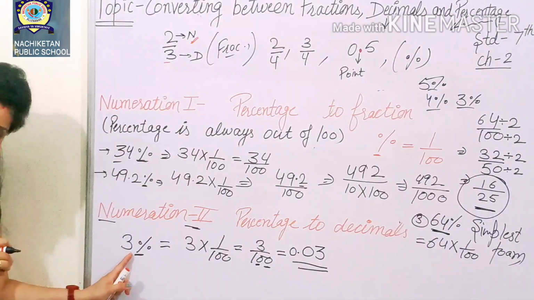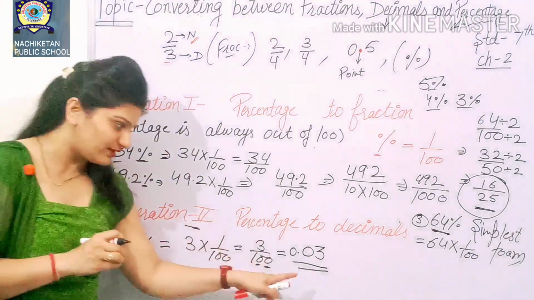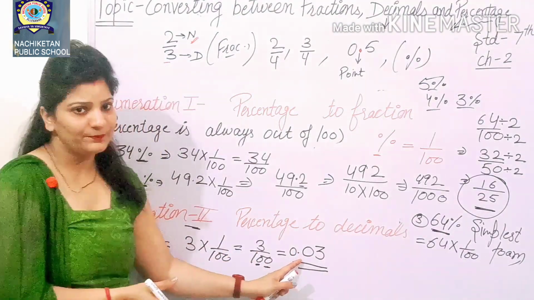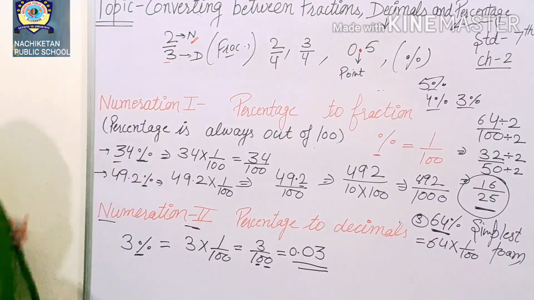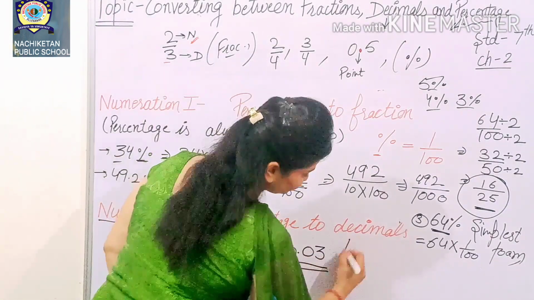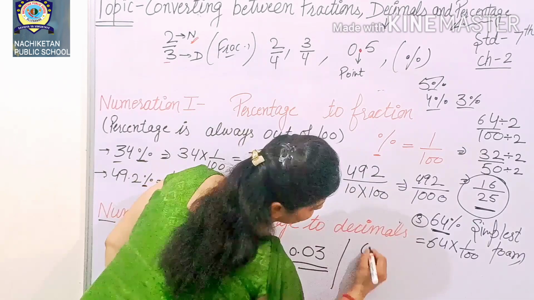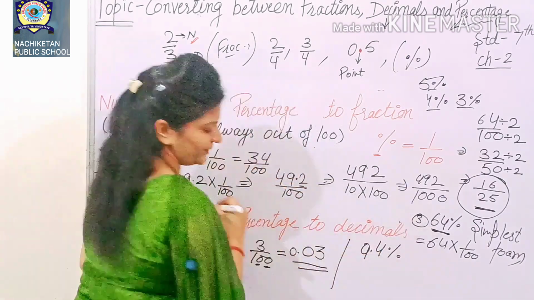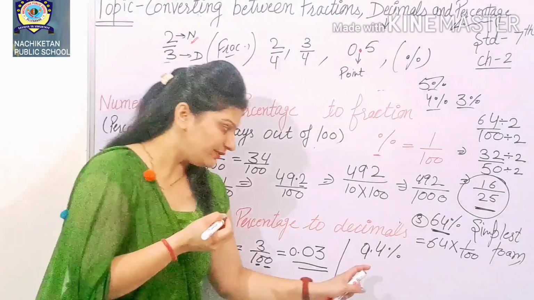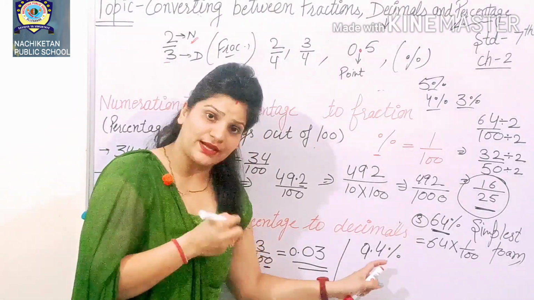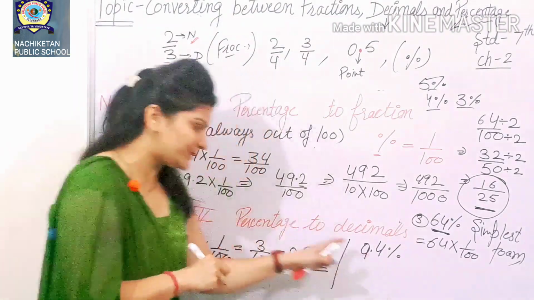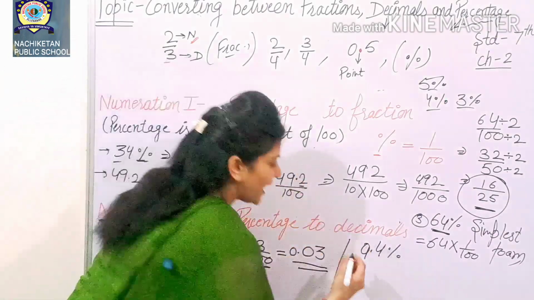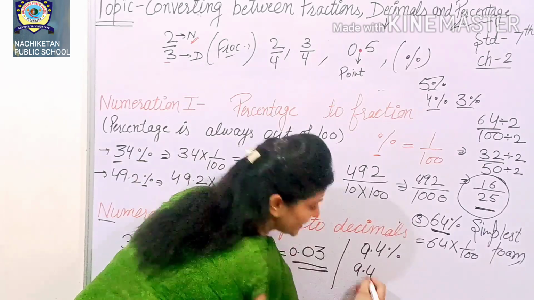What we did? Percentage was given and we converted this question into a decimal. Clear beta? Okay. Now take one more example. If I have 9.4%, clear? I have 9.4% and I want to change this percentage into a decimal. How I will? 9.4 as it is.